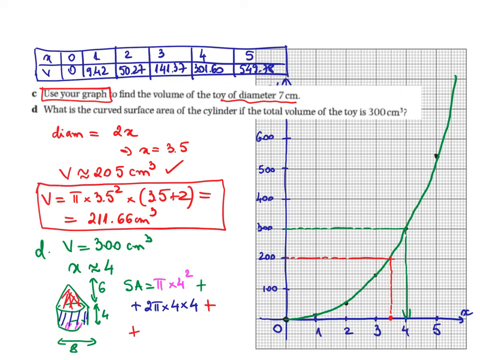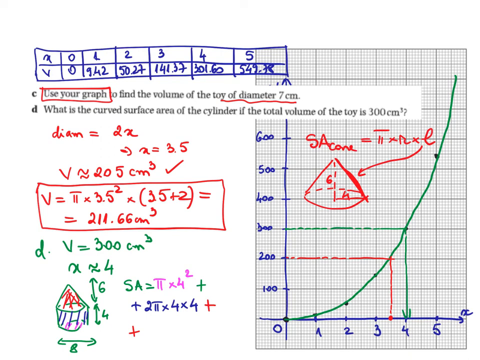The formula for the surface area of a cone was pi times radius times the slant length L. But what I have in my cone is this being 6 and this being 4.